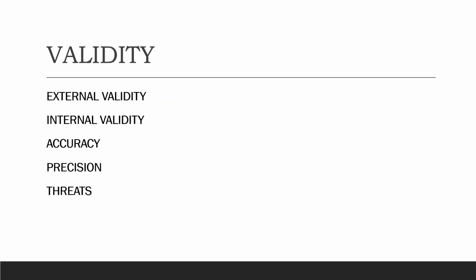Next is validity. For the research objective, validity is a must, in terms of external validity as well as internal validity. External validity is about obtaining an estimate that is generalizable to the relevant target population. You have to keep in mind the basic concept that the researcher can never cover the entire population.